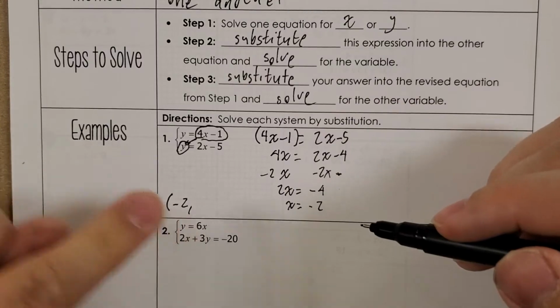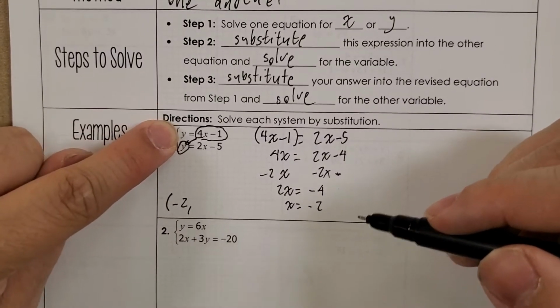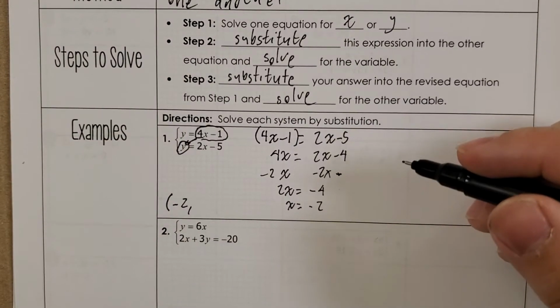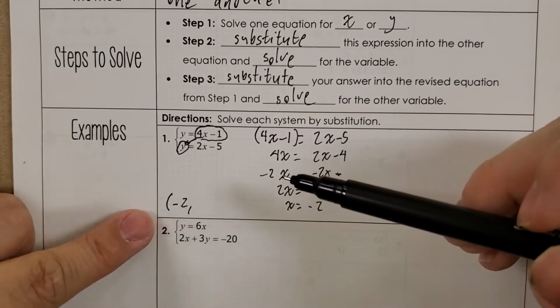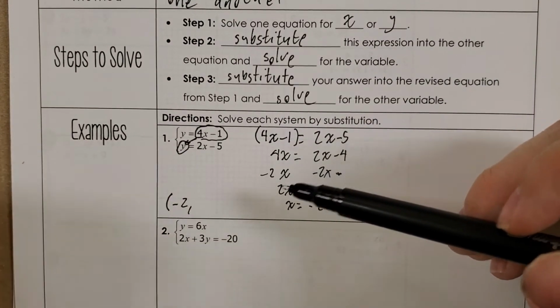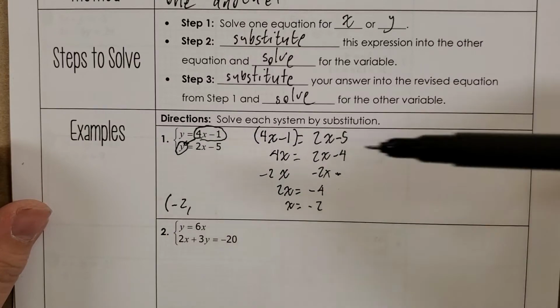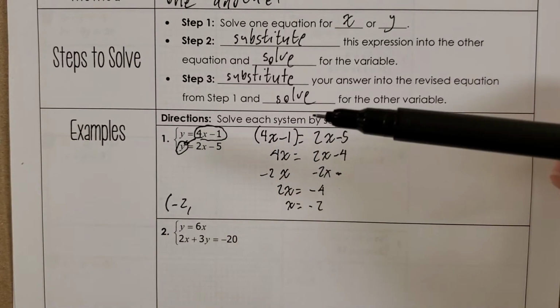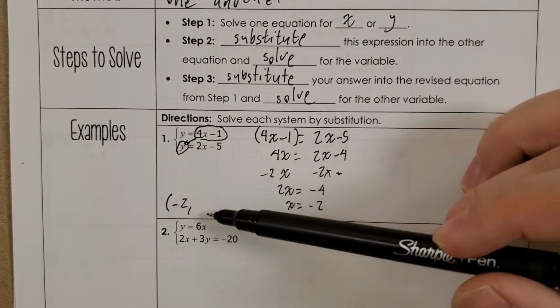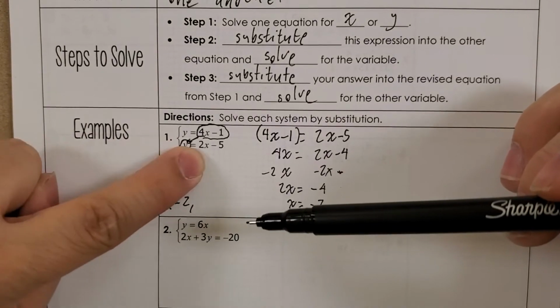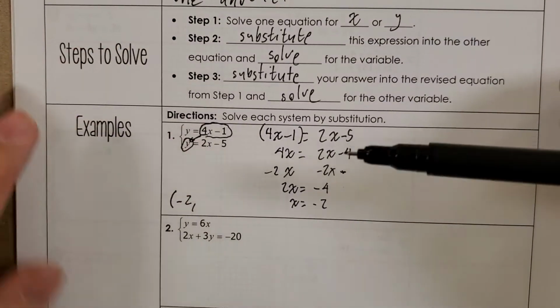Then we're going to take that negative 2 and put it back into the top equation, okay? The reason we do this is because if I put it back into the second equation, it's going to work for sure, but it might not work for the original first equation. So once we find the number using the second equation, which is what we did, we put it back into the first one.